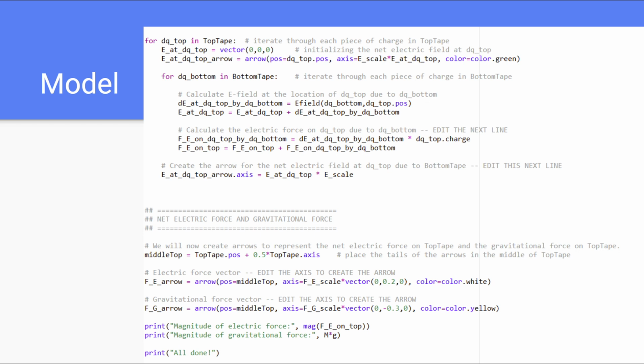So here's a new model I made for this lab where I treated the tape as a bunch of different point charges lined up next to each other. This is the main function up here that we need to pay attention to. So basically, I stated that there are n point charges in the two tapes, and for each point charge on the bottom tape, I then calculated in another loop what its electric field would be on every single one of the top charges, and I did that every single time.